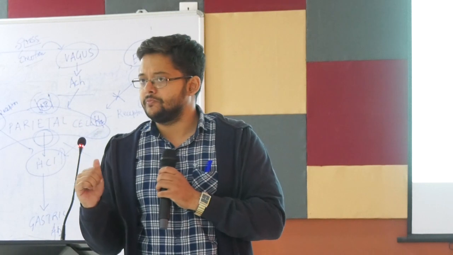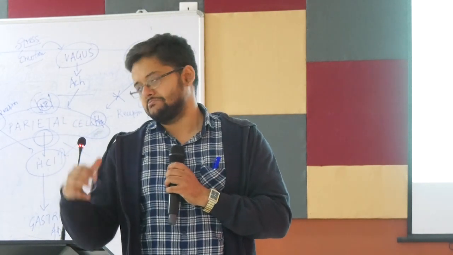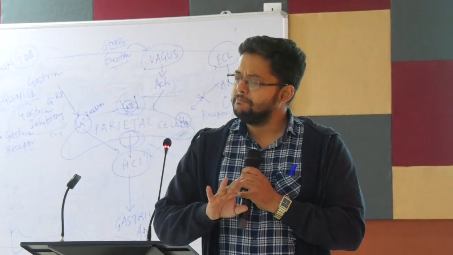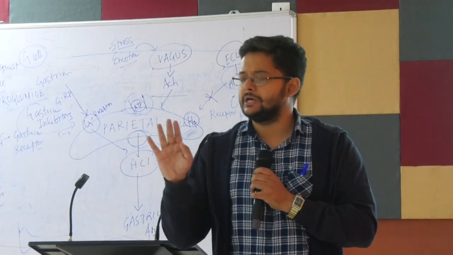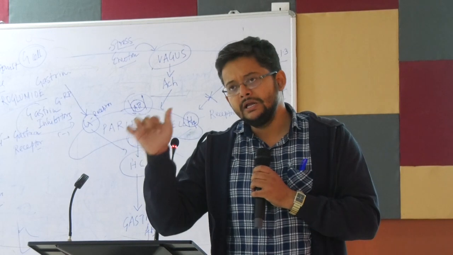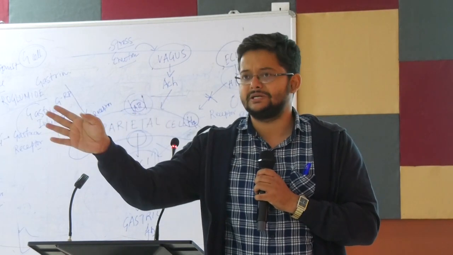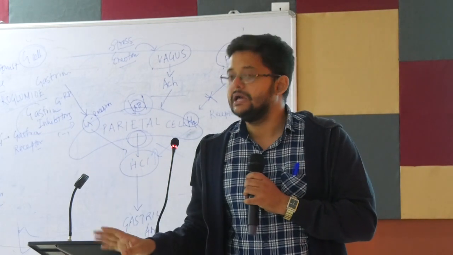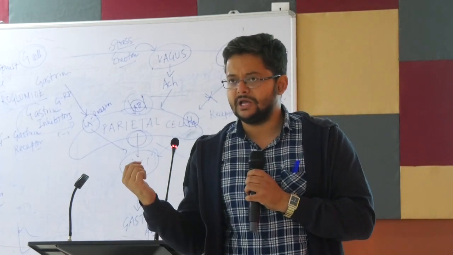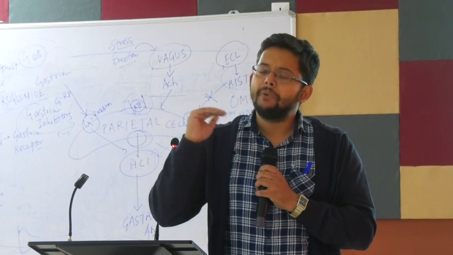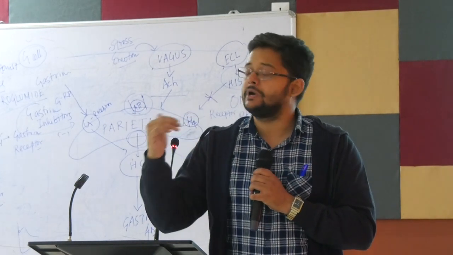There are other proton pump inhibitors, not exactly H plus K plus ATPase, but many Na plus K plus ATPases in the body. In the kidney there are some H plus ATPase, some H plus K plus ATPase and K plus ATPase. These are also present in kidney. Usually these are gastric specific. However, it can stop it somewhere else, but that may not lead to that much clinical symptom.